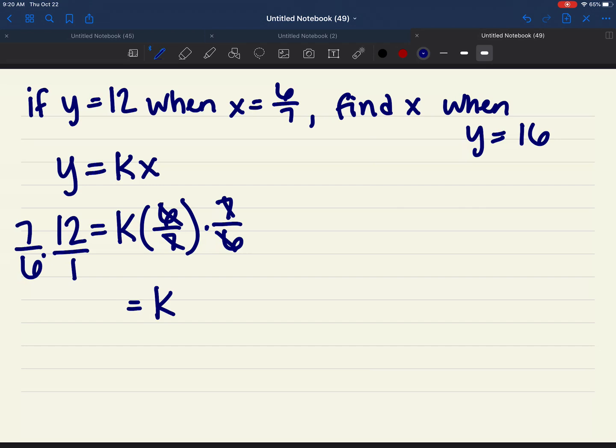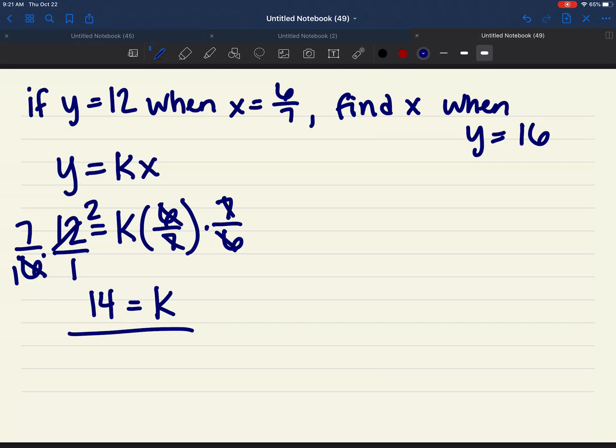What can I simplify on the left side? Yeah, 12 is... Okay, so what value would I get for k? 14/1. Perfect, or just 14, yeah. All right, so I found my value for k.